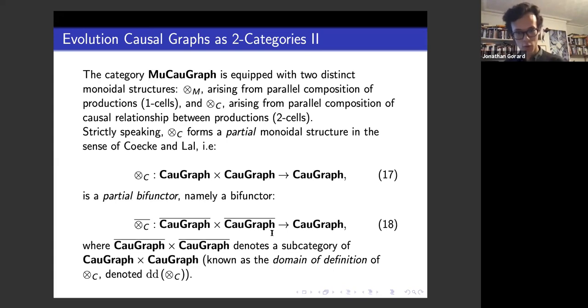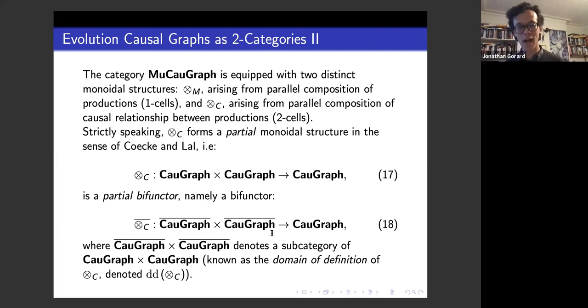This makes use of the work of Bob Coecke and Raymond Lal. And so a partial monoidal structure for us just means it's a partial bifunctor. In other words, if we consider the category CausalGraph, which is the category not of multiway evolution causal graphs, but just of causal graphs, then the monoidal structure on CausalGraph is a partial bifunctor in the sense that if we take a subcategory of CausalGraph and take its Cartesian product with itself, and we consider a bifunctor from that product category onto the full category CausalGraph, then that is in effect what our partial monoidal bifunctor is.